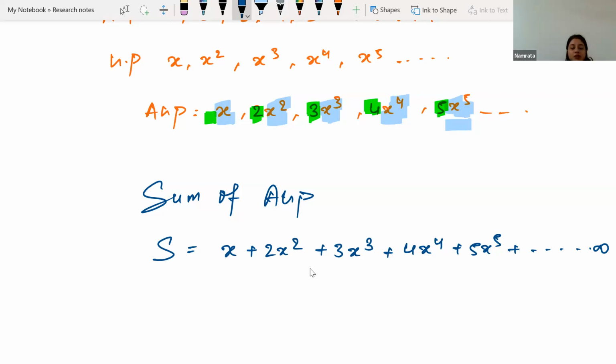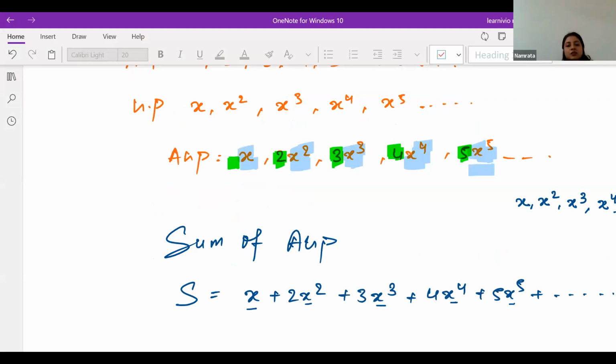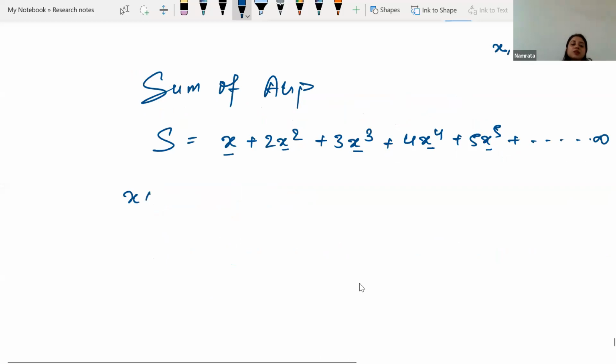If you focus only on the geometric series over here, x, x square, x cube, x to the power 4, x to the power 5, what is the common ratio, Lina? Yes, x only. So we will be multiplying x on both sides.